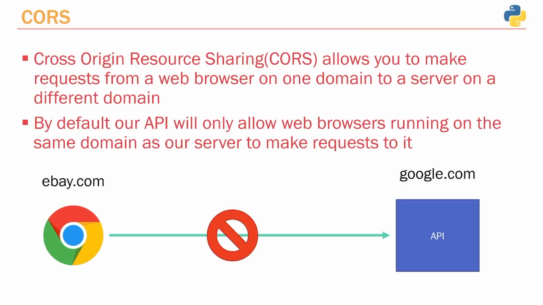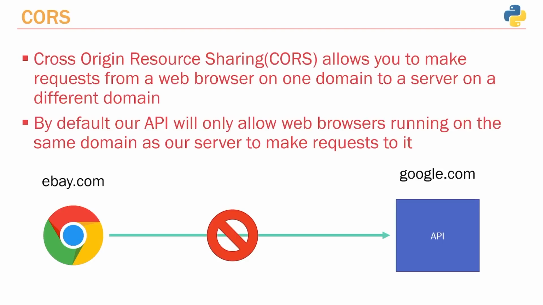So what exactly is CORS? CORS is short for cross-origin resource sharing. And so CORS allows you to make requests from a web browser on one domain to a server on a different domain. And by default, when you configure an API, whether it's in FastAPI or any other framework or language, you will only be allowed to send requests from a web browser running on the same exact domain as your server.